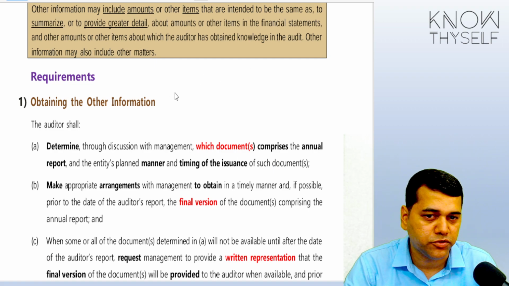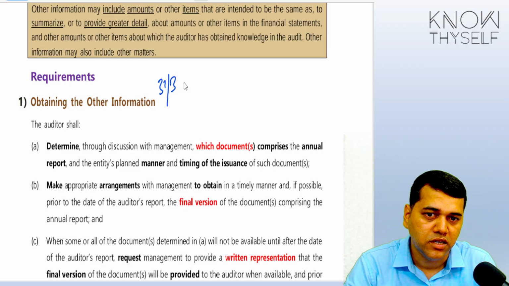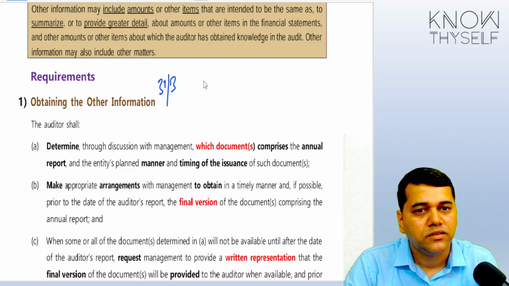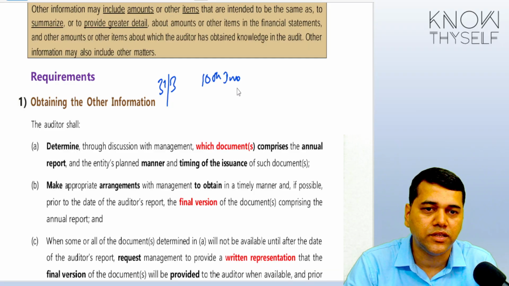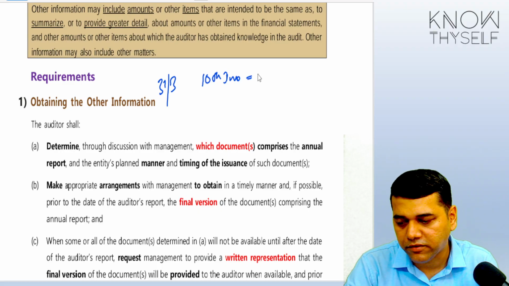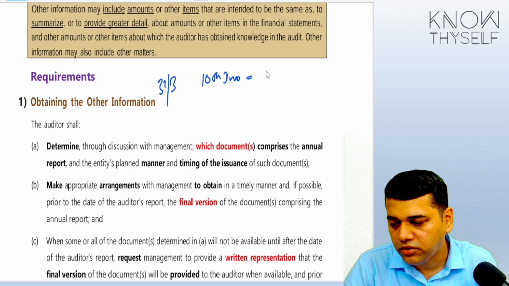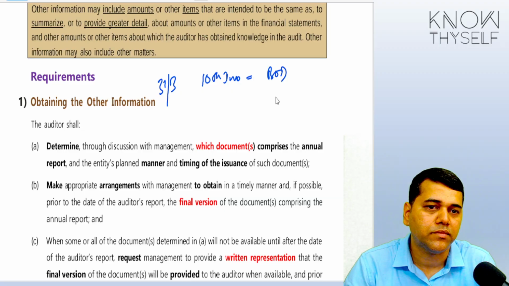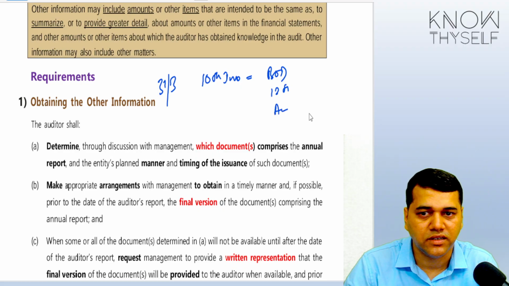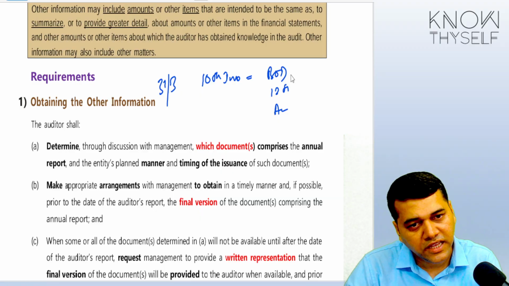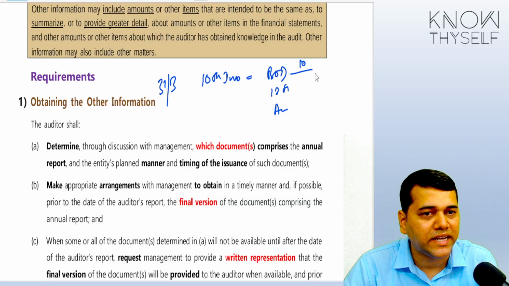So what happens? The process goes like this: 31st March, the year ends. Say 10th of June, you finalize everything. Then you have the board of directors meeting on say 12th of June. Within 2 hours, the auditor will sign the financials. Done. And then it may take around 10 days.